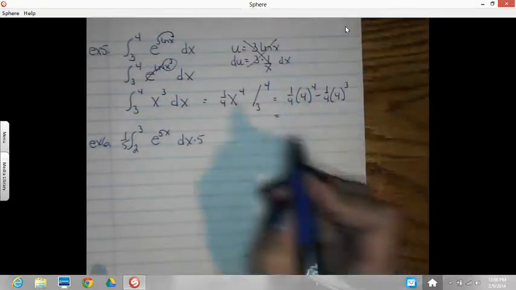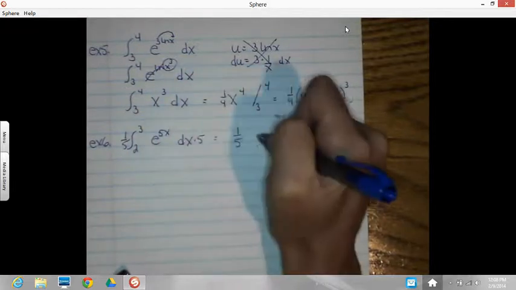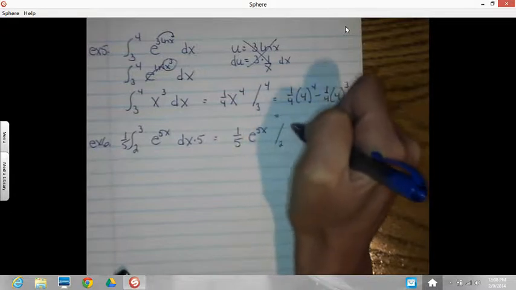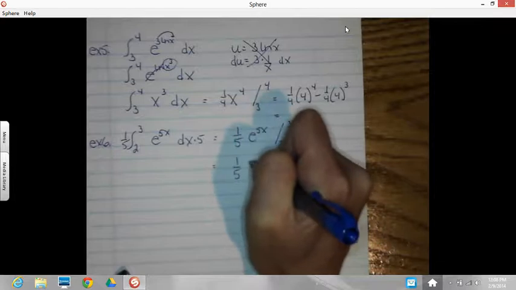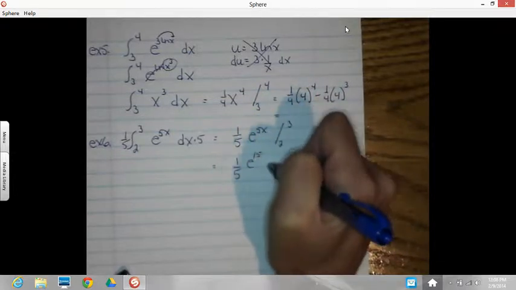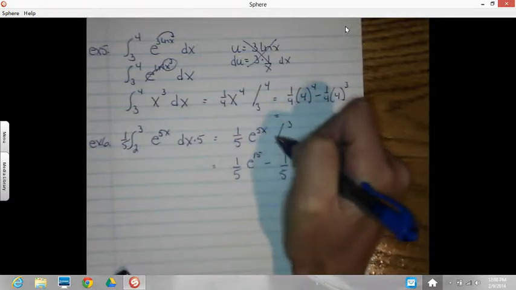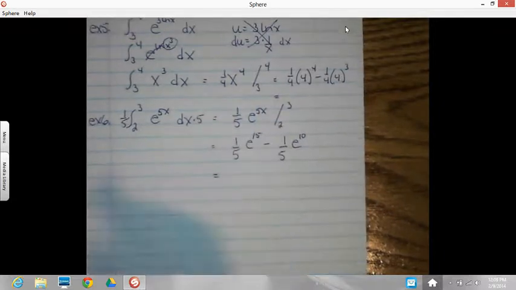So antiderivative will be 1/5 of itself, evaluated from 2 to 3. E to the 5 times 3 is 15, minus 1/5. E to the 5 times 2 is 10. And again, I don't have a calculator here, so you'll have to finish that out.